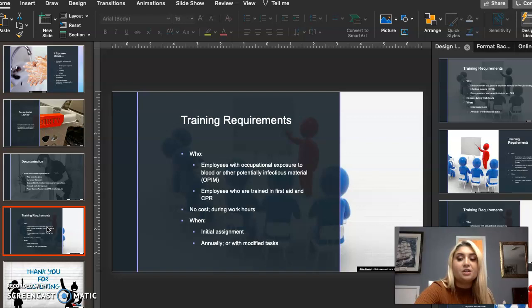An explanation of the procedure to follow if an exposure incident occurs, including the method of reporting the incident and the medical follow-up that will be made available to you. Information on the post-exposure evaluation and follow-up that the employer is required to provide for the employee following an exposure incident.